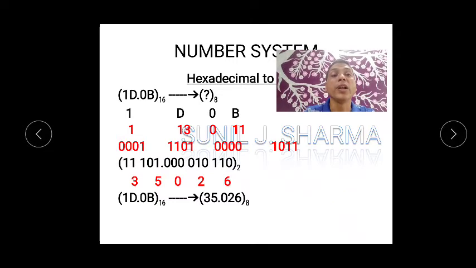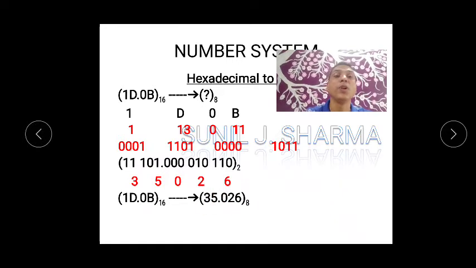But on the right hand side you can't ignore. So we have to take 3 zeros from here. This 0 and 10 we have to take here. Only 2 bits were remaining, so we have to pad up with zeros. So this is 6, this is 2, this is 0. After the decimal we will be getting 3 digits, that is 0, 2 and 6. And this is 5, this is 3.